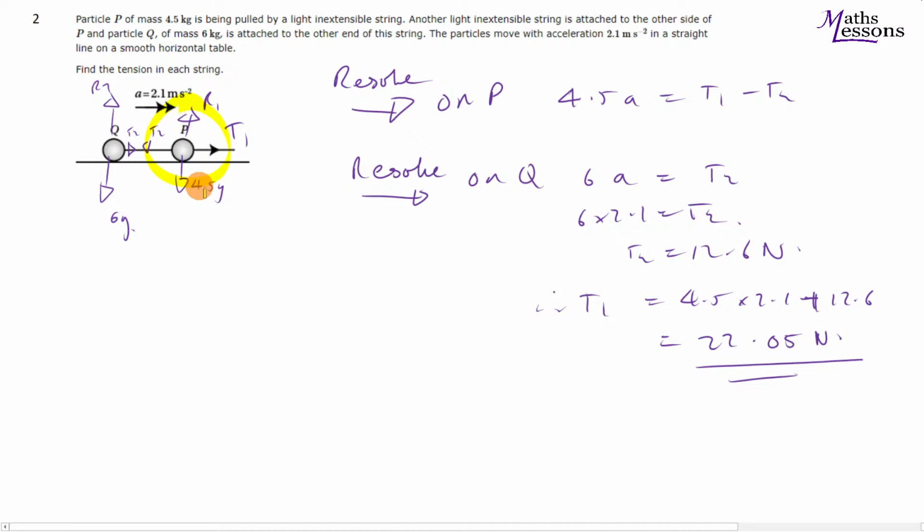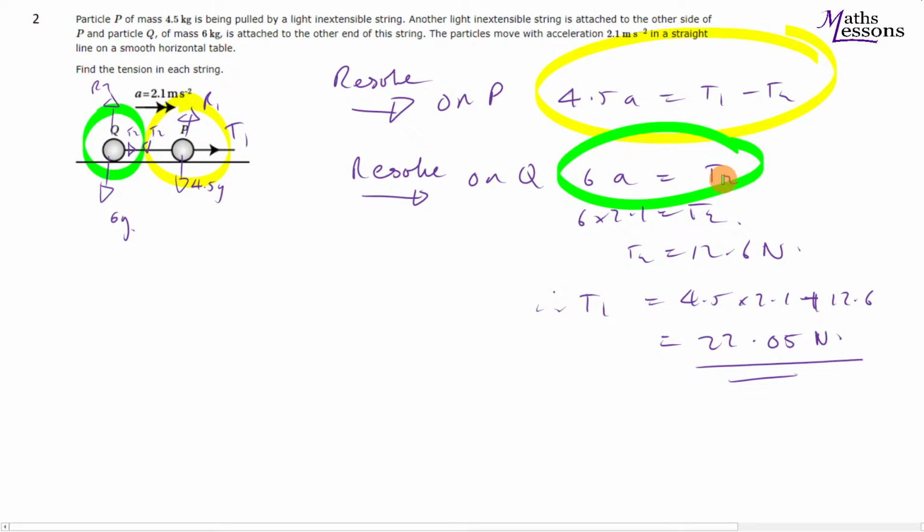So initially I did that particle, which is that resultant, and the only things acting horizontally are T1 and T2, and they must combine to give me my resultant force, the ma. And then I resolved on this one here, and the only thing acting on it is T2. So ma must be equal to T2 because it's the only force acting, so that force must be the whole of the resultant force.